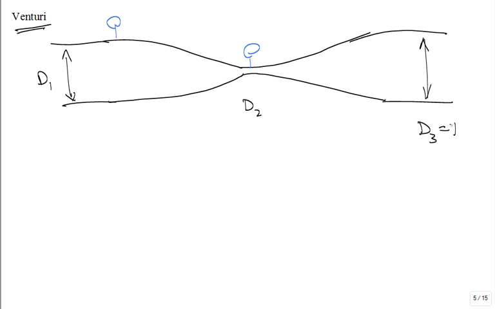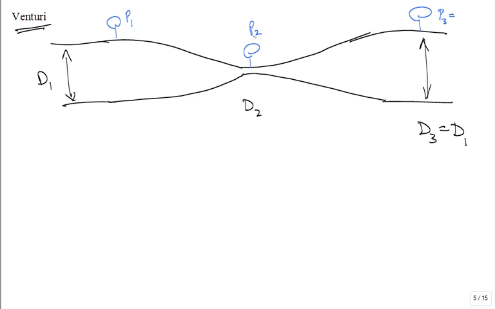And if diameter 3 is the same as diameter 1, and you put a pressure gauge right there, and you had inviscid flow, no friction, what do you think the pressure at 3 is compared to the pressure at 1? They're the same. But what about the pressure at 2? Lower or higher?